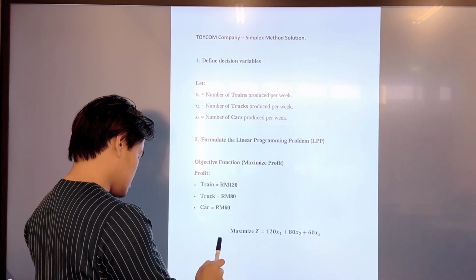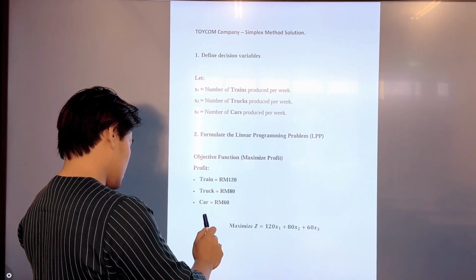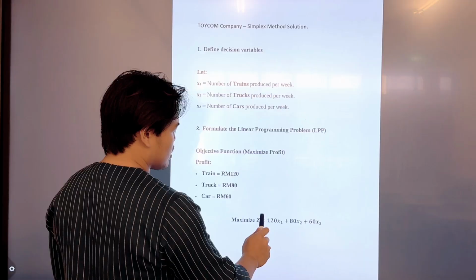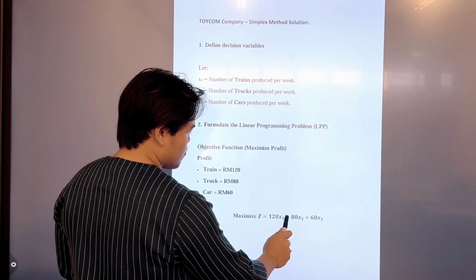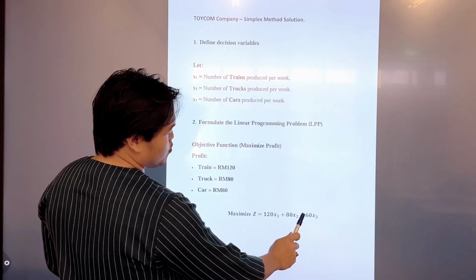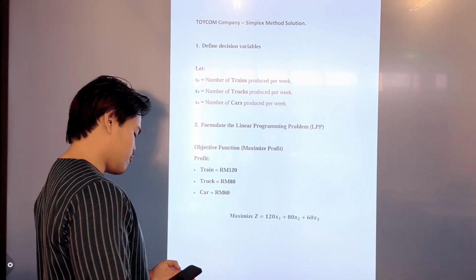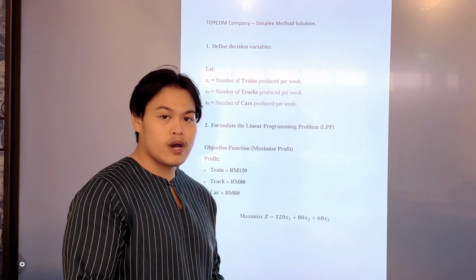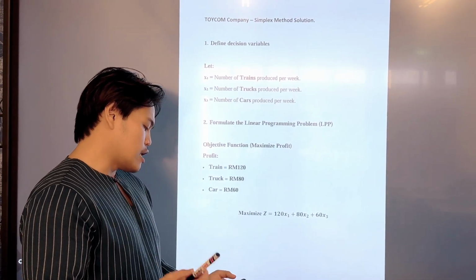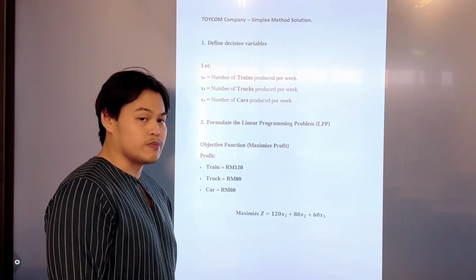To maximize the profit, we need to use 120 ringgit X1 plus 80 ringgit X2 plus 60 X3. Our goal is to find the exact mix of X1, X2, and X3 that will make this total profit Z as high as possible.